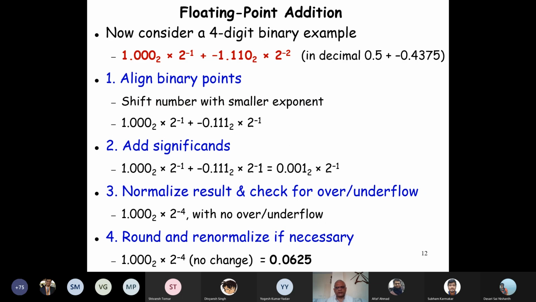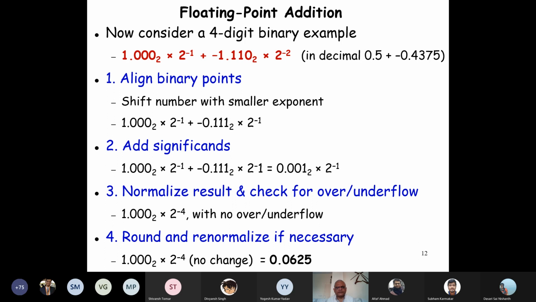of the representation. This is an example of floating point addition, trying to add these two numbers in decimal, 0.5 and minus 0.4375. This is the representation, the normalized binary.